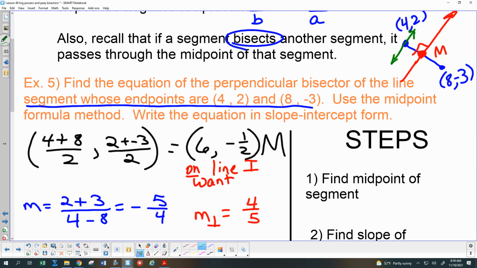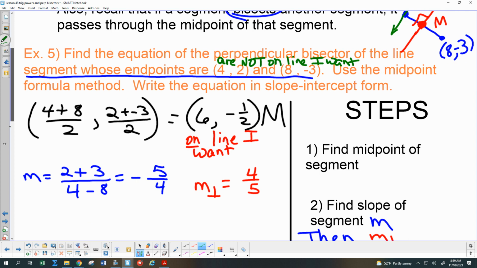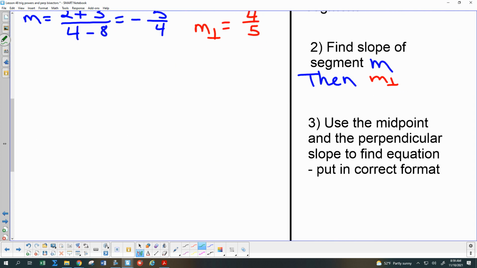That's been shifted from the line I really want. So I can't use that. These two are not on the line I want, so I can't use them. My only choice is the midpoint.